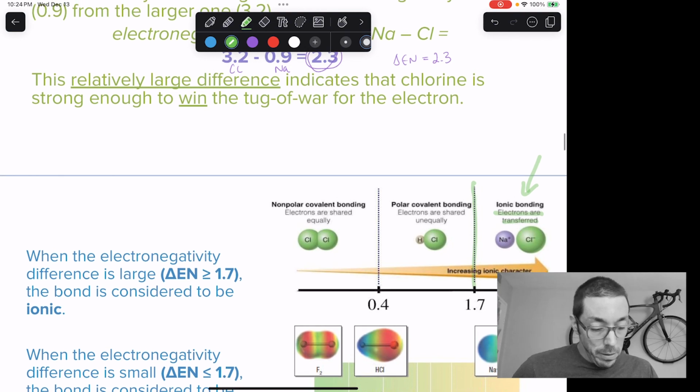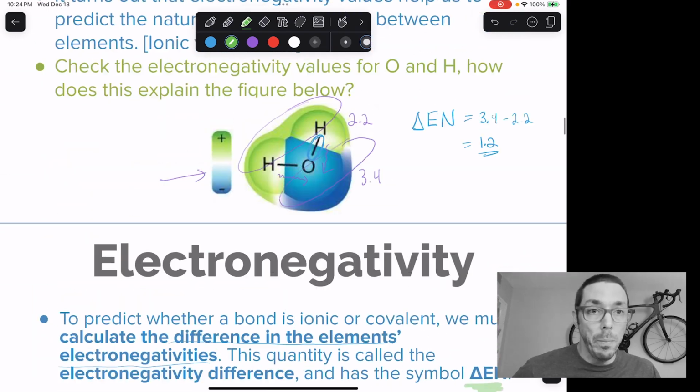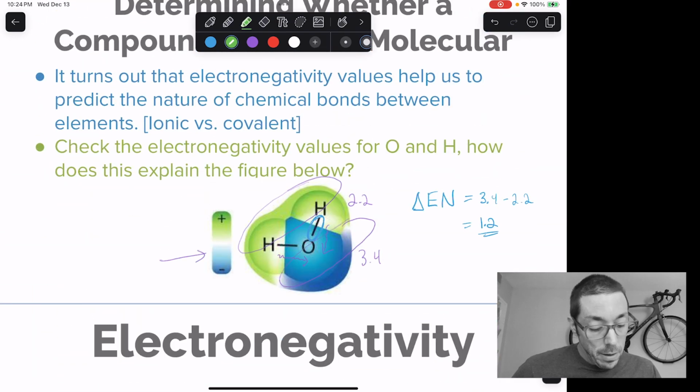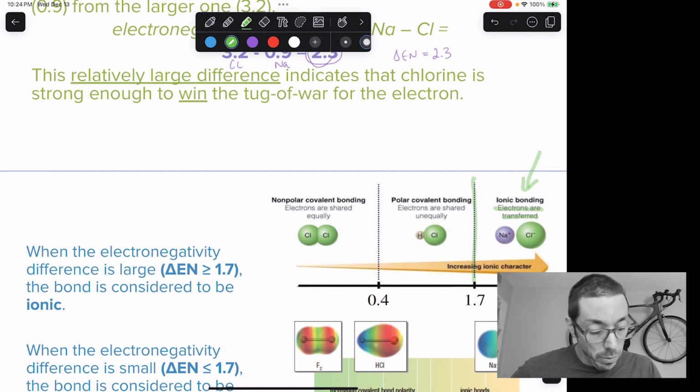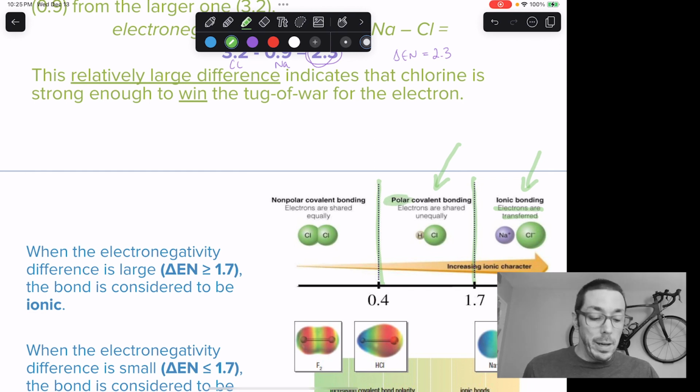Let's go back and look at the water. Remember we had a difference of 1.2? Well, that fits within the middle zone, which is covalent bonding, so sharing, but it's polar covalent, which means that they're sharing the electrons, but they're not sharing them equally.